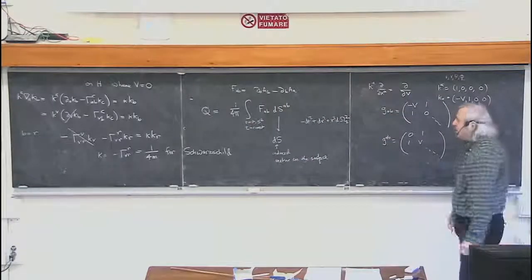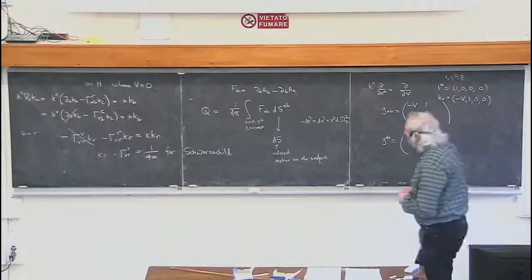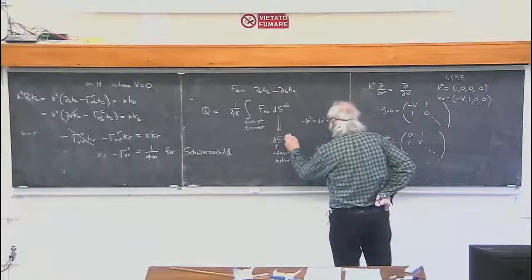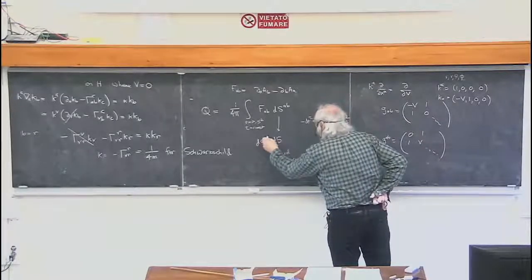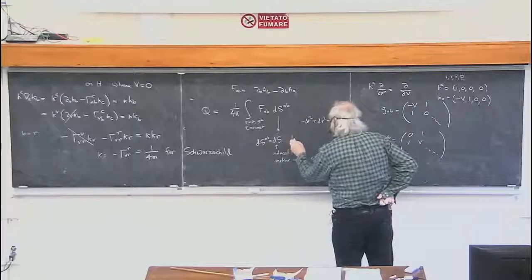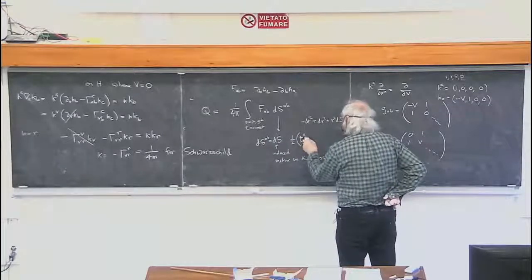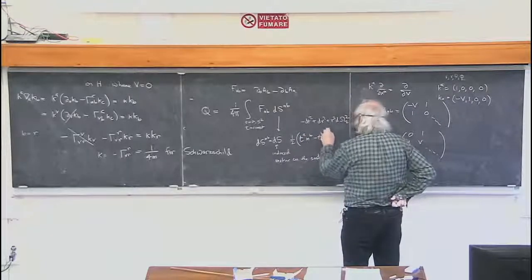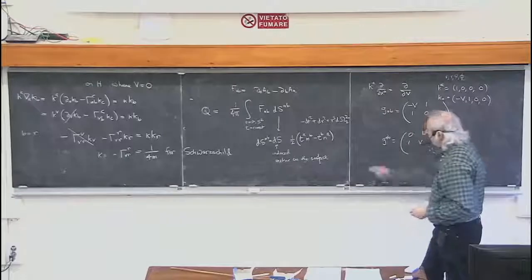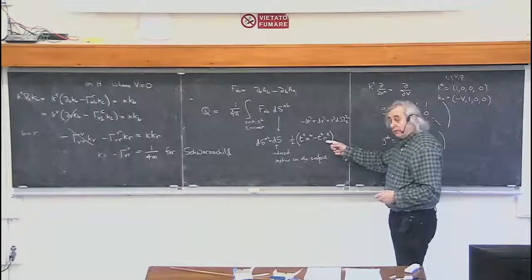Times the two normal vectors antisymmetrized. So the ab is multiplied by a half, t a n b minus t b n a, where these are the two orthogonal unit vectors to the surface in question.